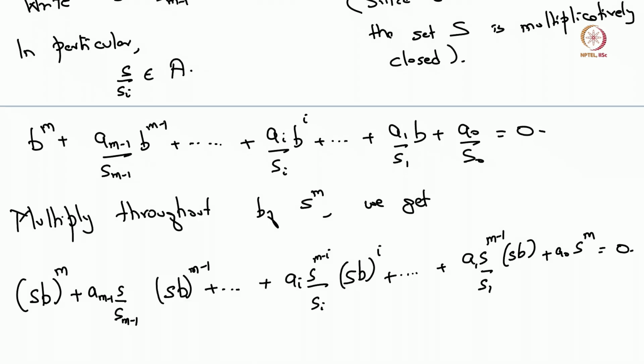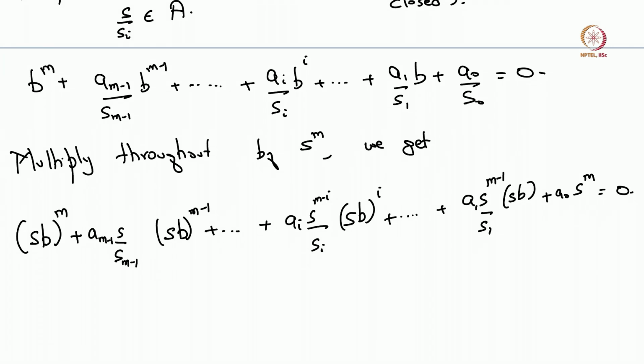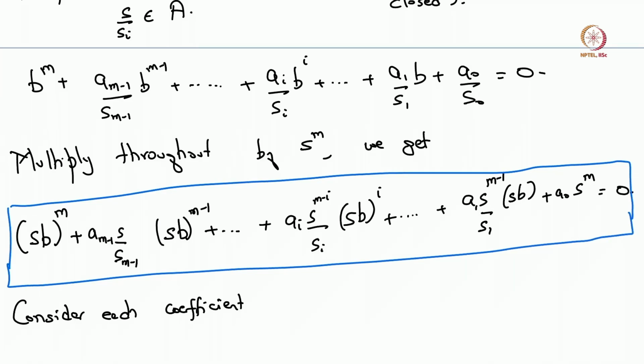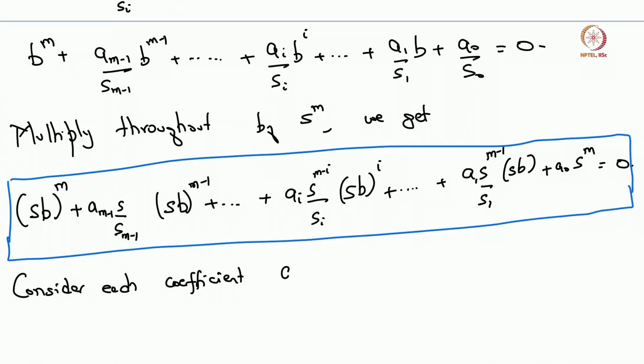Okay, and now look at each of the coefficients of this equation. That's of the form Ai s raised to m minus i over si.